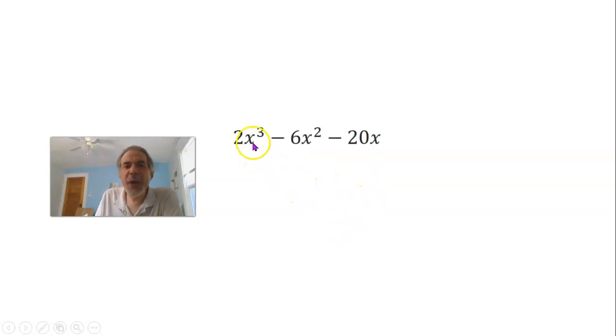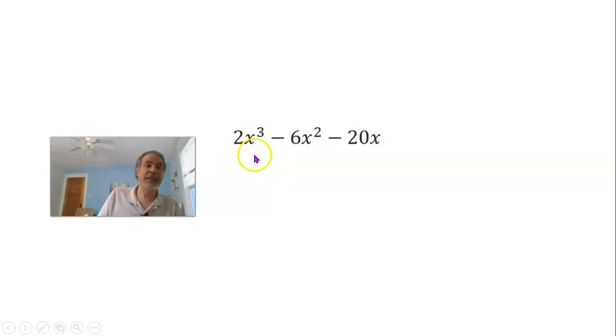How about this one? 2x cubed minus 6x squared minus 20x. Okay, there's more going on here than in the last few examples. This does not start with just an x squared or whatever squared. What we have here is, okay, remember the last section about factoring out the greatest common factor?